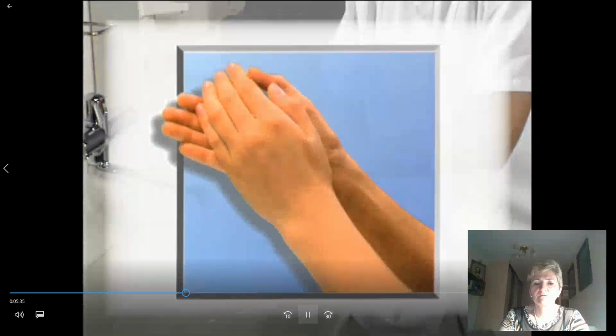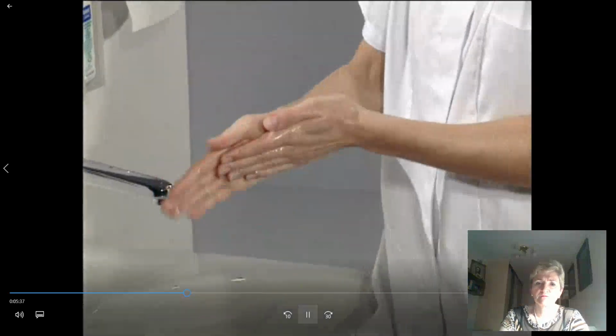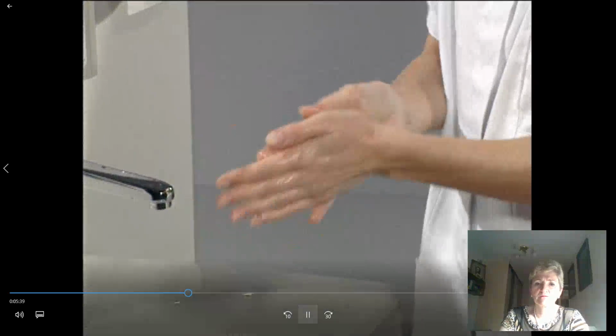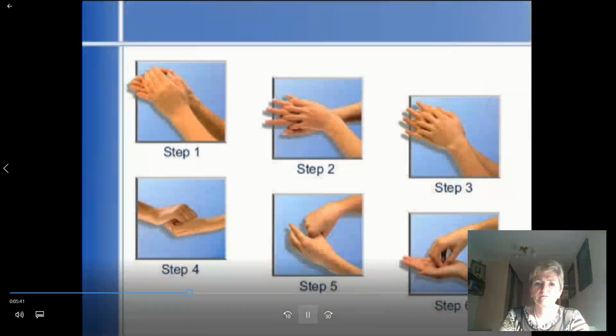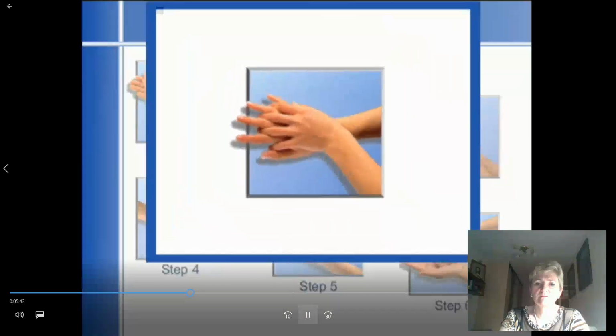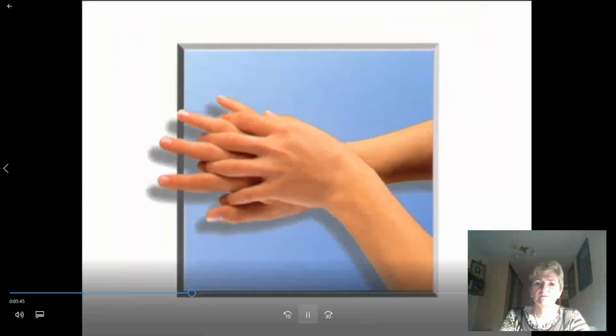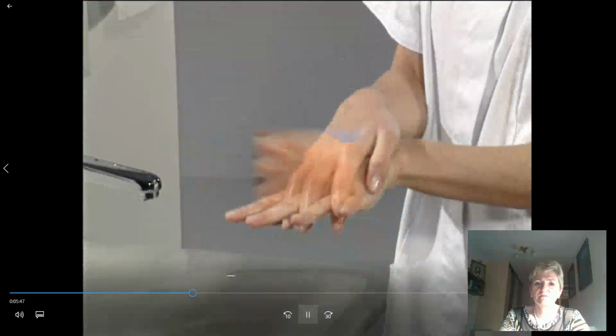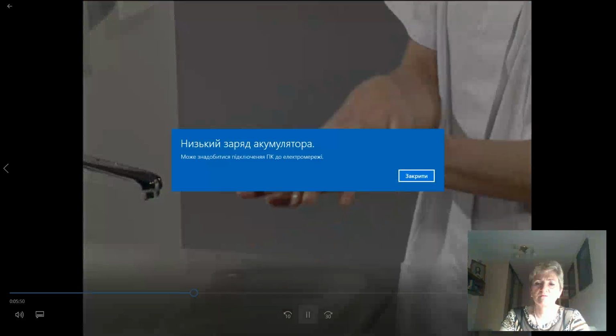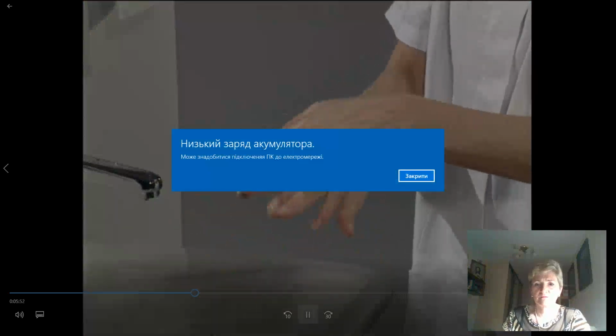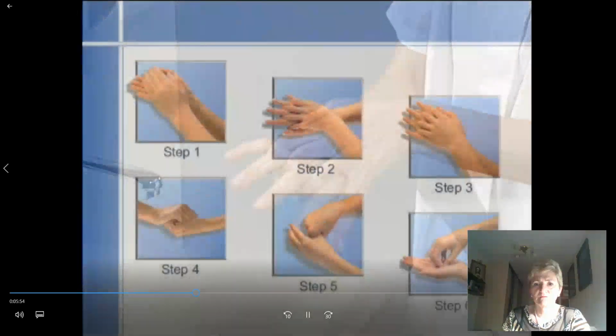First, rub the flattened palms against one another. Then rub the backs of the hands and the spaces between the fingers by alternately pulling the fingers through those of the other hand to cover them with disinfectant.